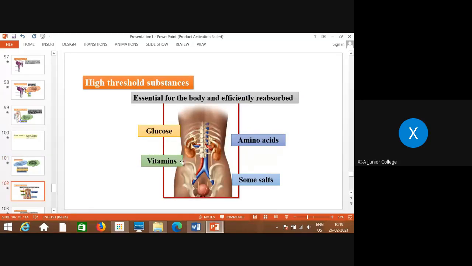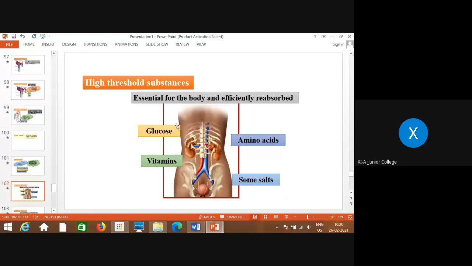As I told you, the filtrate contains all the small-size molecules except the large ones like proteins. So it contains glucose, vitamins, amino acids, salts, and many more. These substances are very essential for the body, and that's why all that the primary filtrate, or primary urine, or ultrafiltrate contains is again reabsorbed.